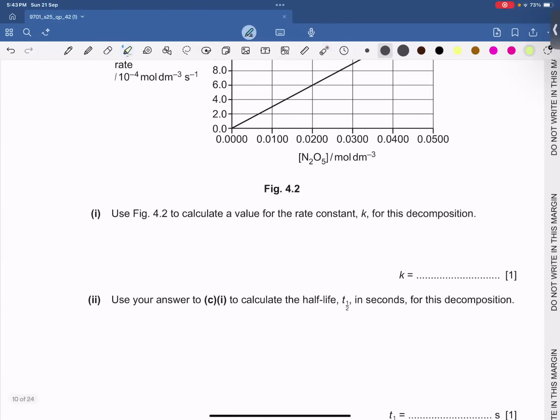Use figure 4.2 to calculate a value for the rate constant for this decomposition. So I need to find out the value of the rate constant for this decomposition. And since it is a first order reaction, let me show you one thing. Rate equals k times the concentration of N2O5.